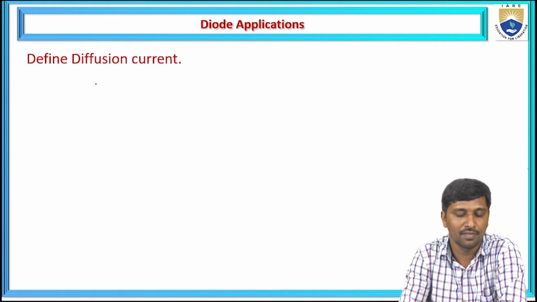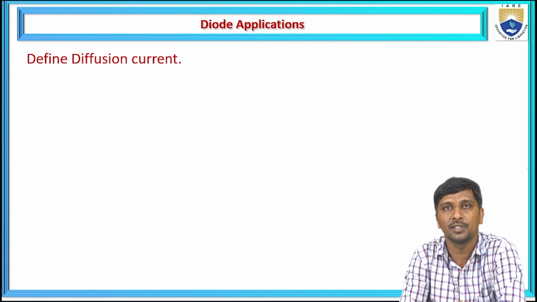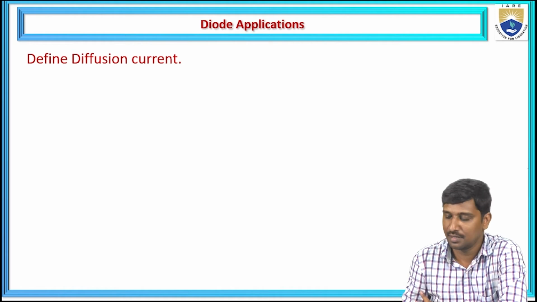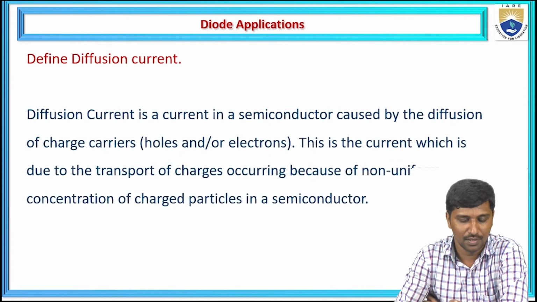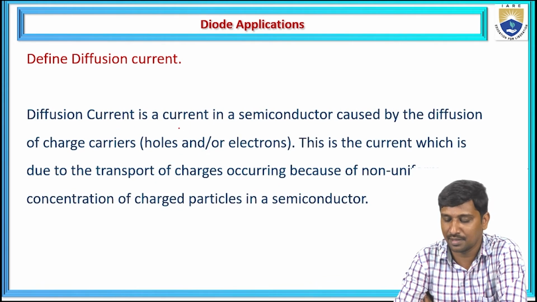Now we need to define diffusion current. The diffusion current is observed in the absence of an external force. Due to the internal force, some of the charge carriers diffuse from one region to the other region and generate a flow of charge that is measured in terms of diffusion current. So the diffusion current is a current in the semiconductor.